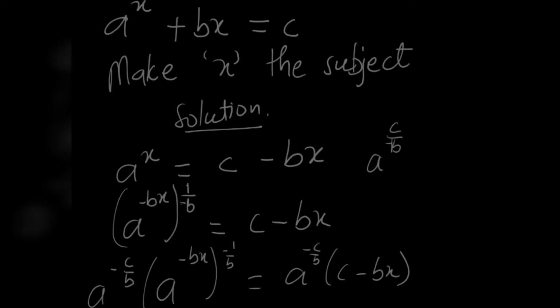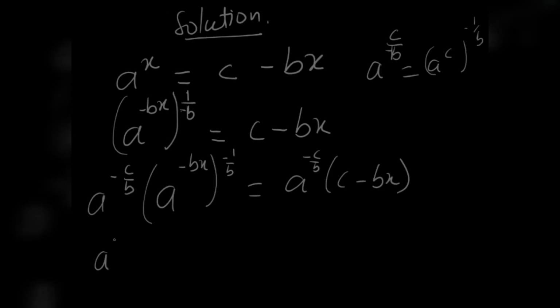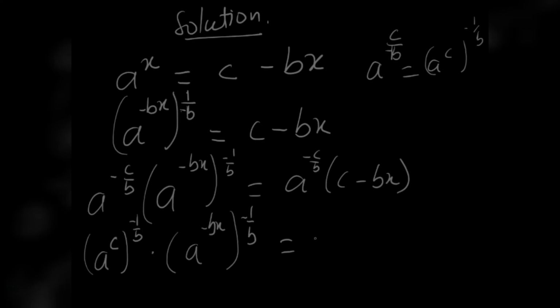Okay, now we know a raised to the power minus c over b is the same thing as a power c raised to the power minus 1 over b. So this expression at the left hand side can also be written as a raised to the power c raised to the power minus 1 over b multiplying a raised to the power minus bx raised to the power minus 1 over b, equals this same expression over here, right?